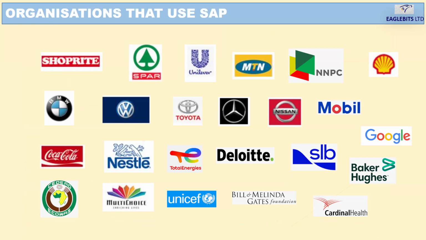All these are just a few of them. There are several organizations that use SAP because it cuts across virtually every business process, no matter how customized the business process might be. SAP can cater for it. So these are some of the organizations that use SAP.